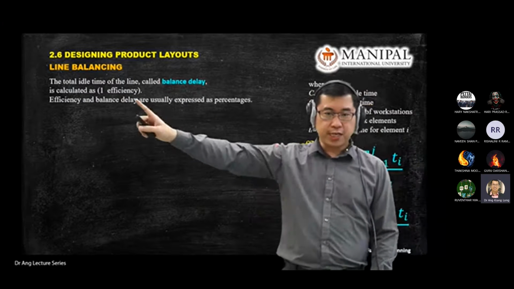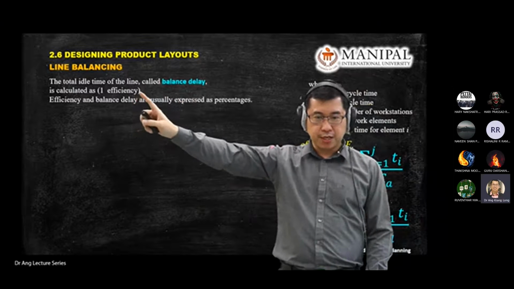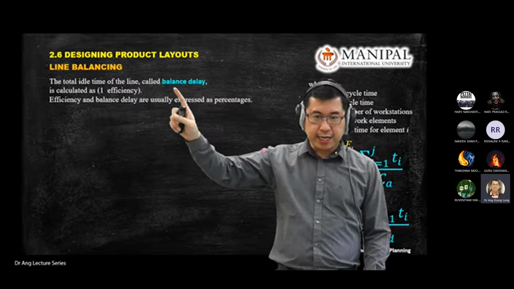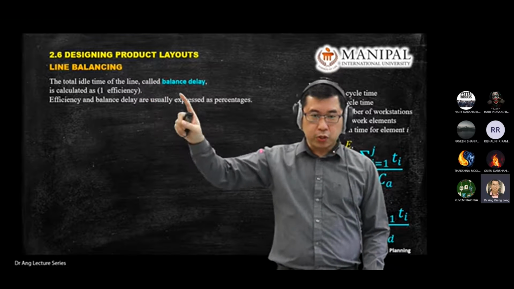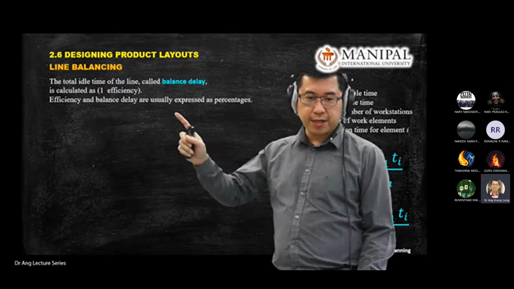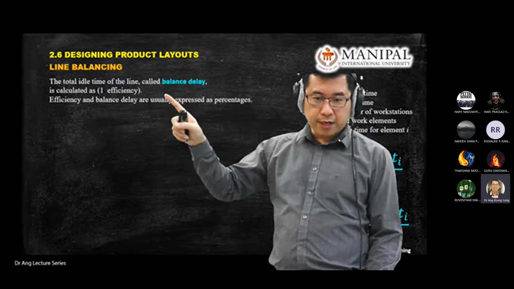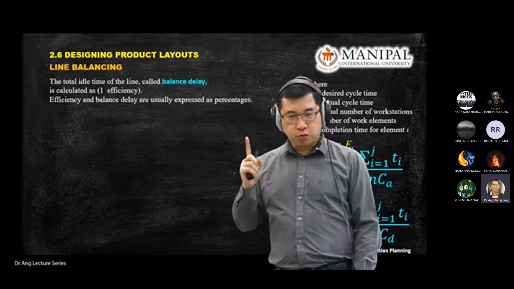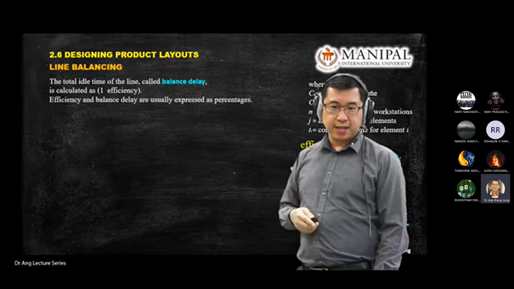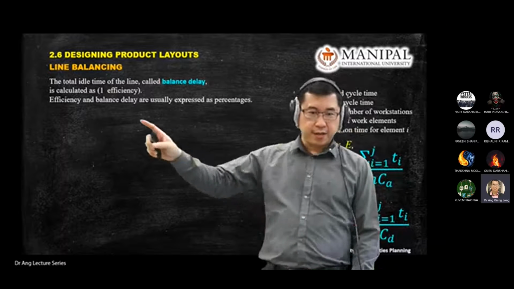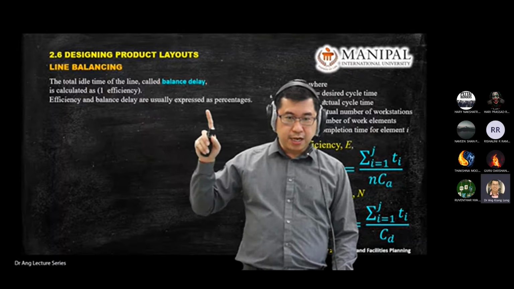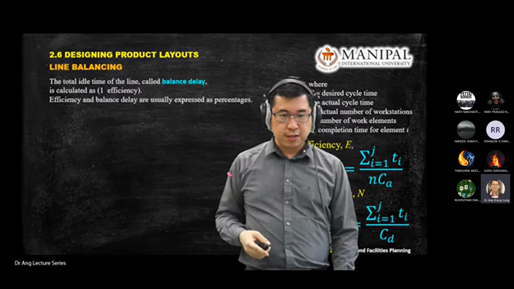Balance delay is always linked with efficiency. 100% is actually a ratio. So you know that 100% is the full number. So when it comes to a ratio, it is 1. 100% is 1. And efficiency and balance delay are expressed in percentage.